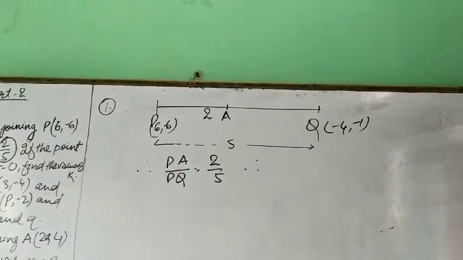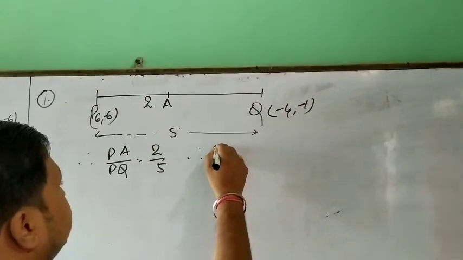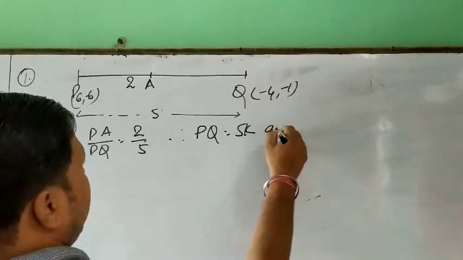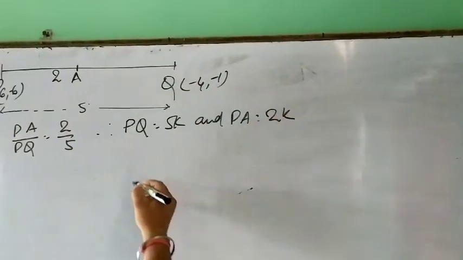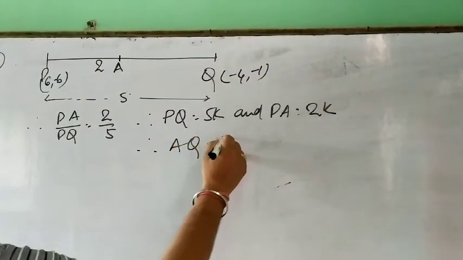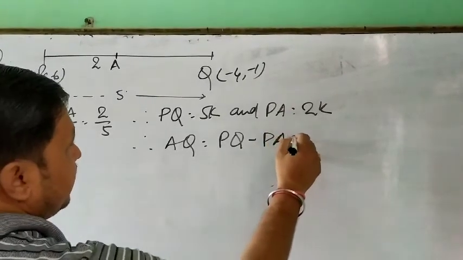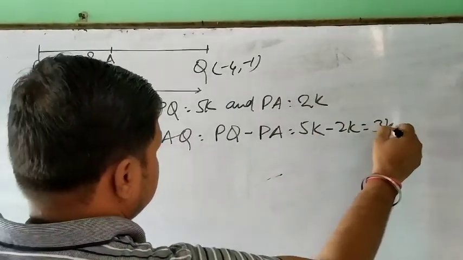Therefore, PQ equals 5k and PA equals 2k. So AQ equals PQ minus PA, that means 5k minus 2k equals 3k.